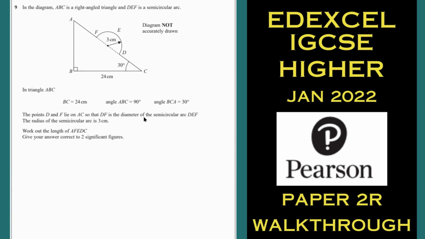Number 9, what a weird hidden SOHCAHTOA question, but that is what it is. It's basically asking you to find AC, subtract F to D, and that's 6, and add on the semicircle.